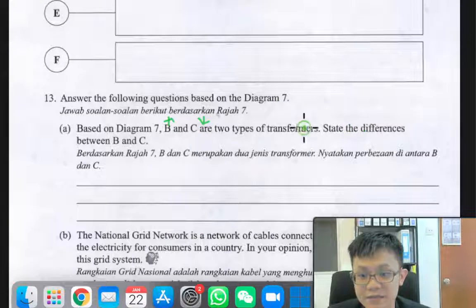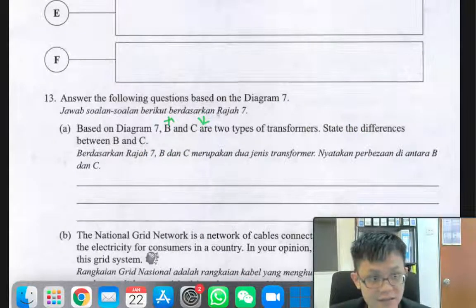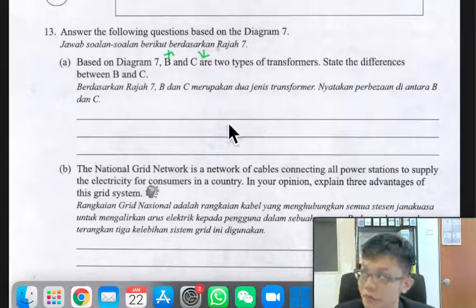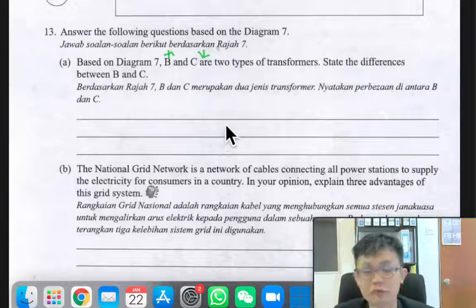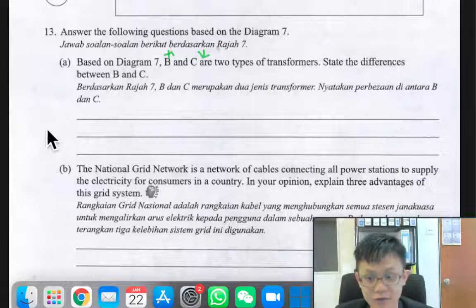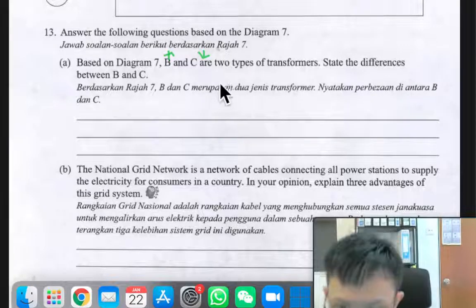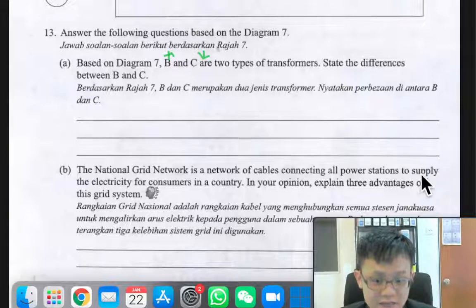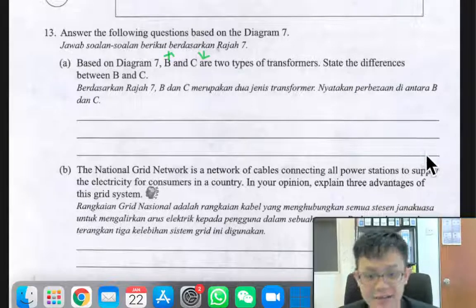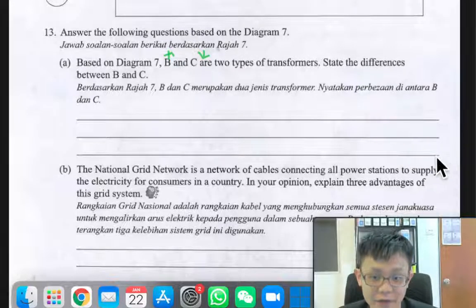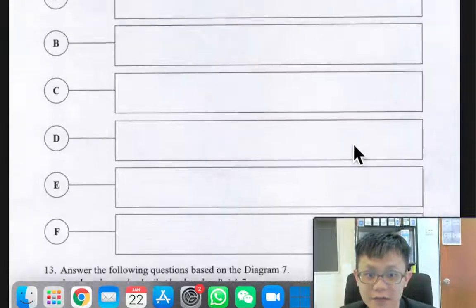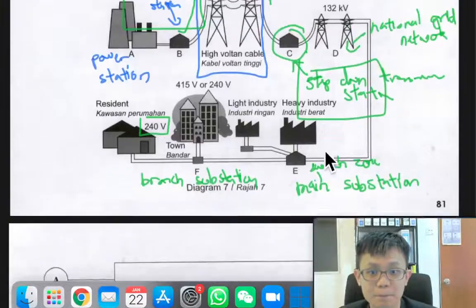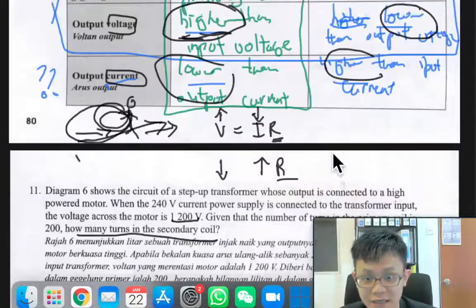State the difference between B and C. For the step up transformer, the output voltage will be higher than the input voltage. Of course this one we learned already. I don't know how many marks it is, so it depends. Let's say 2 marks, then I write fewer things; 4 marks, maybe I write more things, depending on how many marks the question has.